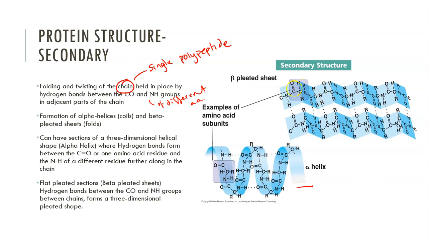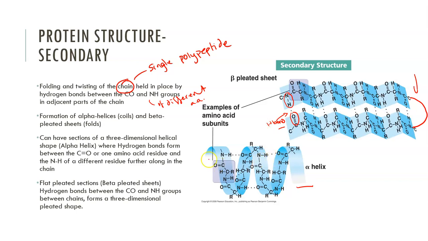We have the amino acid subunits here where you can see that the NH of one amino acid is forming a hydrogen bond to the C double bond O of another amino acid. These are, however, in the same amino chain, so there would be a coil or a turn in the chain in order for these two to line up to form a beta pleated sheet.